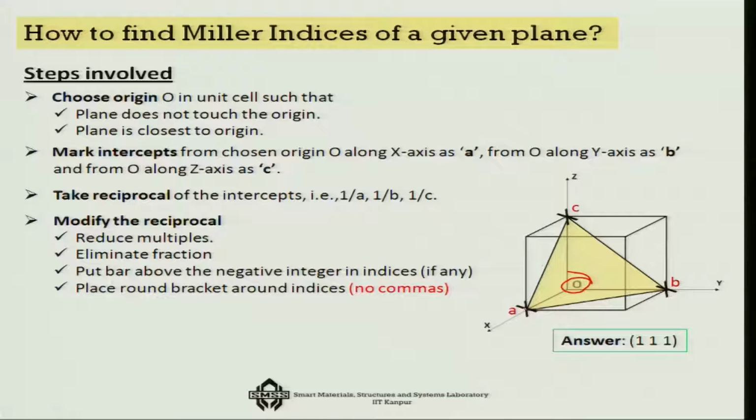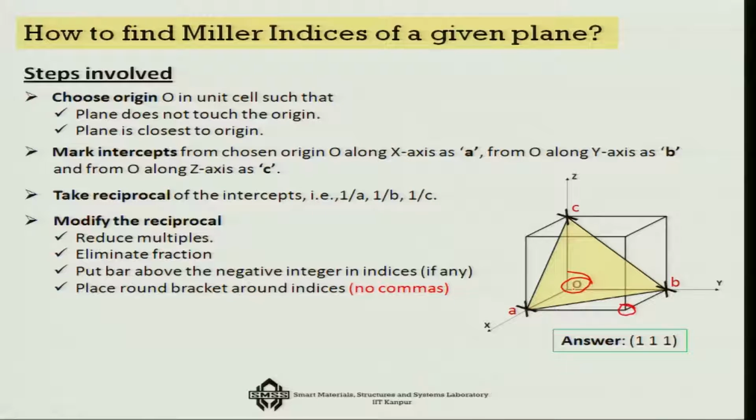That is why I cannot take any of these corners, because if I take them as the origin, the plane will be touching. So, the plane can never touch the origin, and the plane should be closest to the origin. That is also why, between two candidate points, O and the point at the other corner, we have chosen point O, because most of the points are closer to this origin O.